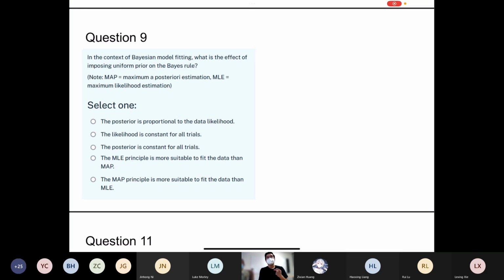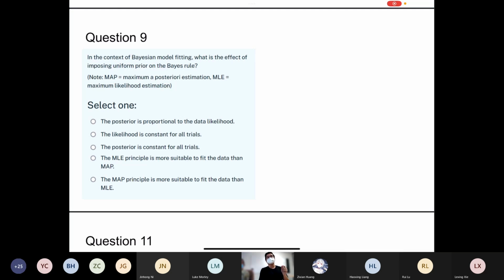So the last two answers should not be chosen because MLE and MAP are equivalent ways of fitting the parameters in this case. So they are all incorrect answers. The likelihood is constant for all trials, so this is incorrect. The posterior is constant for all trials, no, this is incorrect.